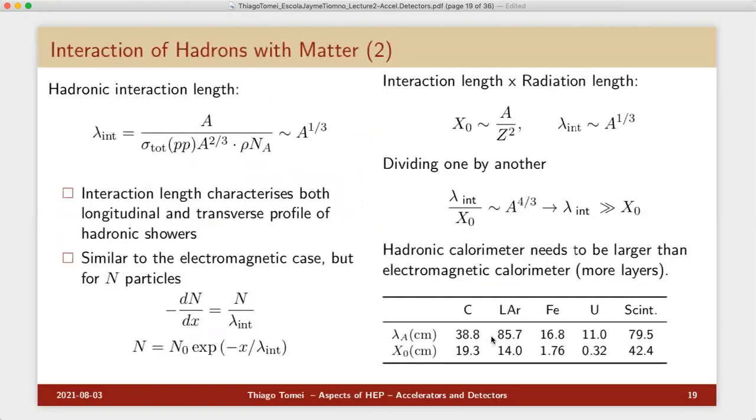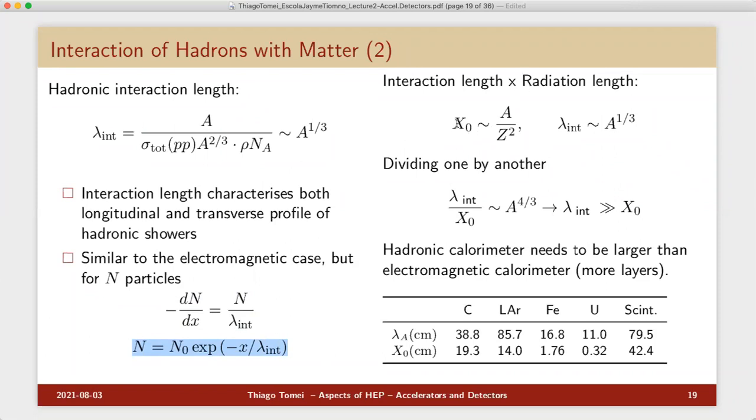Similarly here in slide 19 for the hadronic case, the interaction length will characterize both the depth and the width, so the longitudinal and the transverse profile. The difference here is that instead of the energy, here you do it in terms of the number of particles in the shower. So again, the same calculation, it's a simple differential equation, you solve it, and you get this.